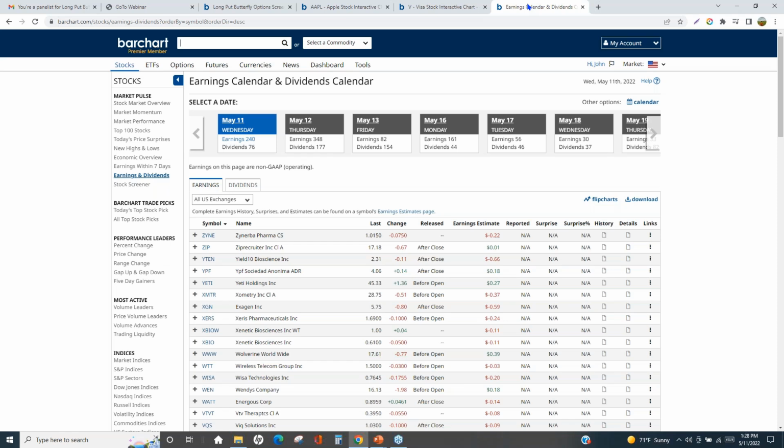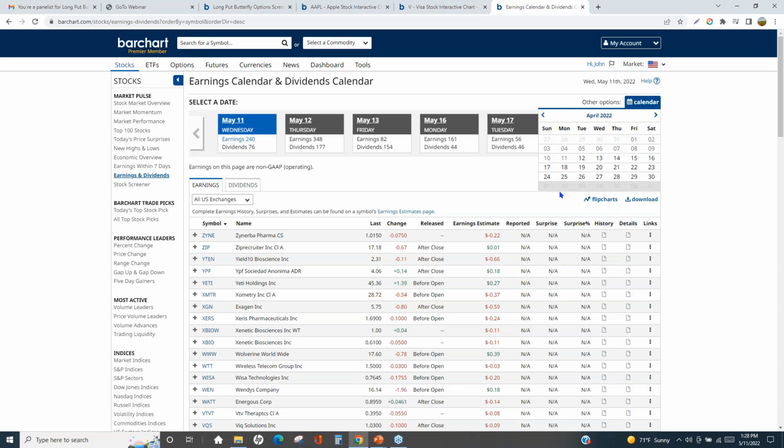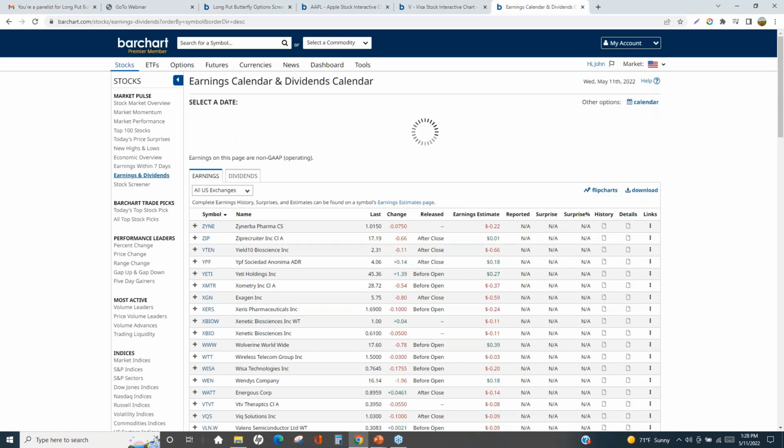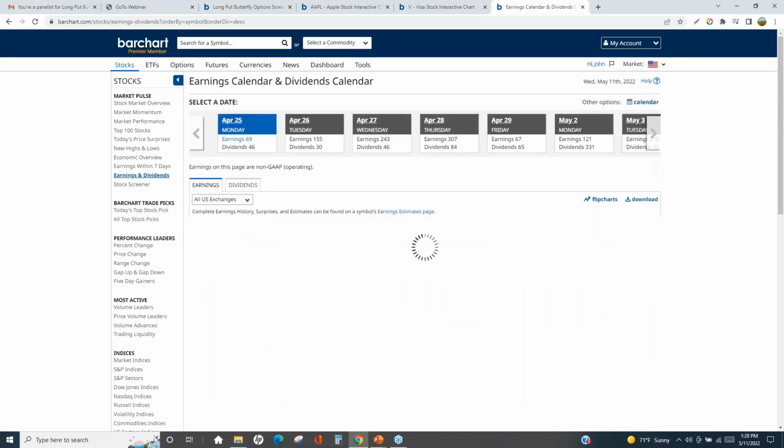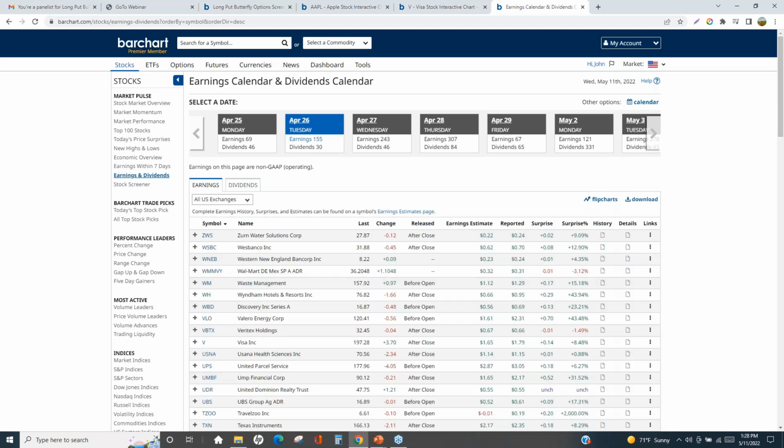So in preparation for today's session, about a week ago when I was putting this together, I went to our calendar of earnings, and I wanted to look during the last week of April to see what stocks were having earnings. And on Tuesday, April 26th, one of the stocks that I'm a little bit more familiar with, one that I trade, Visa.